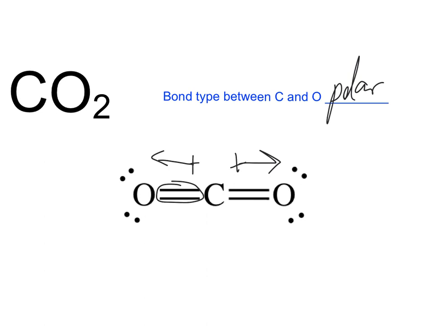So this is going to end up being a non-polar molecule. The two rules that I'm about to teach you will help you determine whether or not your molecule is polar or non-polar. But remember, and this is really important, just because you have polar bonds does not mean you're going to have a polar molecule.